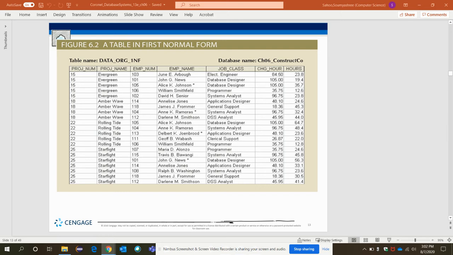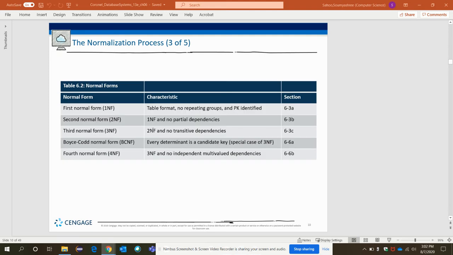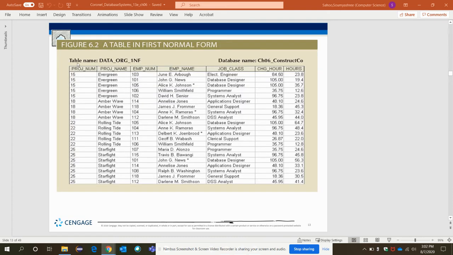Let's see a table which is in the first normal form. What does the first normal form say? As per the definition, it should be in table format, with no repeating groups, and the primary key identified. So in this table, the primary key has to be determined, and here the primary key is the combination of project number and EMP num. Here, every row and column intersection is associated with only one single value.